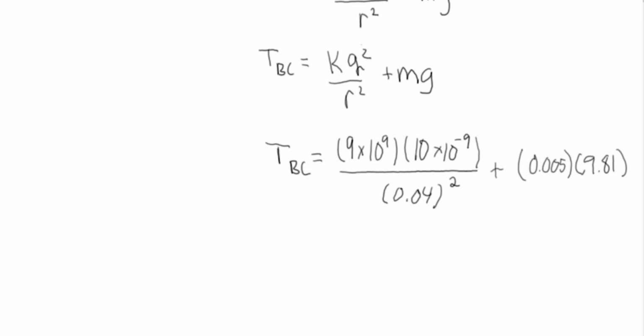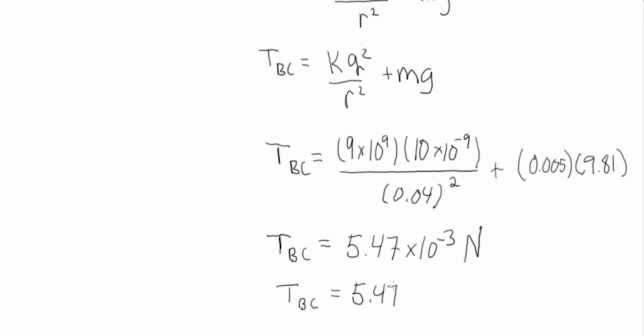Okay, those are all our numbers, and once you calculate that, you will find that it's 5.47 times 10 to the minus 3 newtons. And if you really wanted to, let's write that as 5.47. Now we know 10 to the minus 3 is a millinewton. So our final answer for part B is the tension between B and C is 5.47 millinewtons.